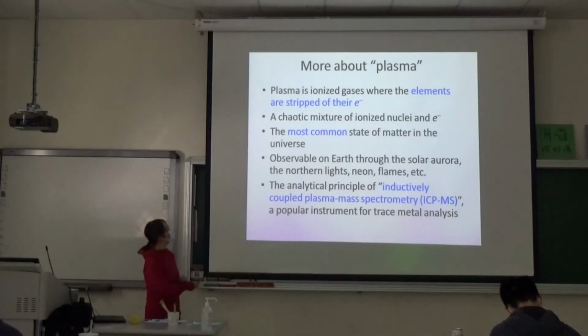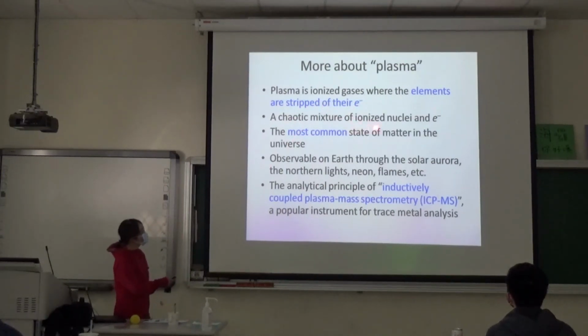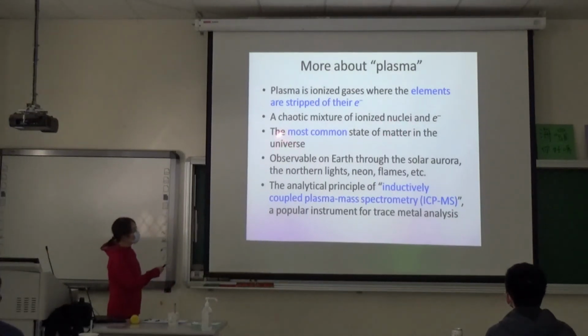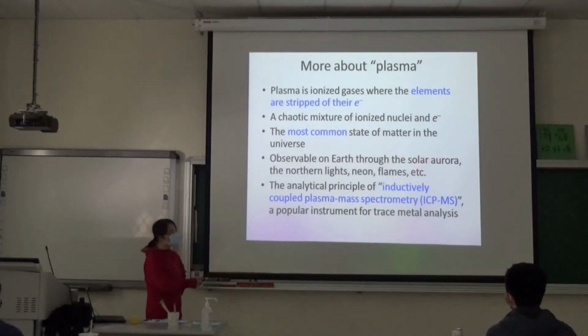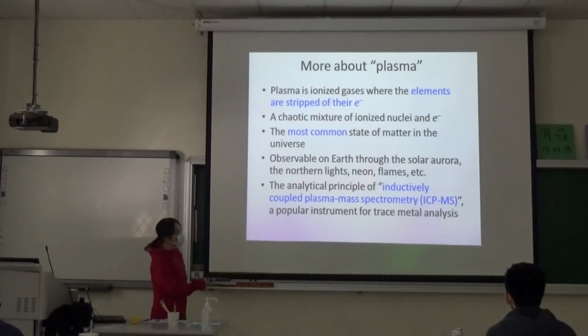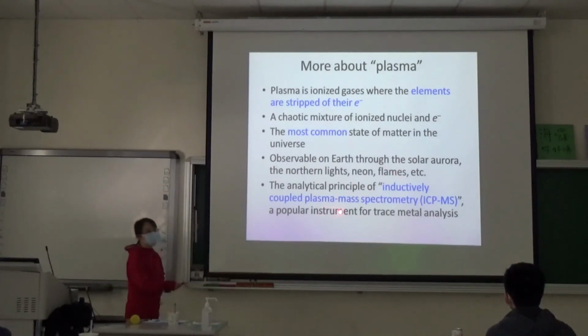More about plasma. Plasma is ionized gas where the elements are stripped of their electrons, and is a chaotic mixture of ionized nuclei and electrons. It's the most common state of matter in the universe. It's observable on Earth through the solar corona, 日冕, the northern lights, 极光, neon signs, 霓虹灯, and lightning.